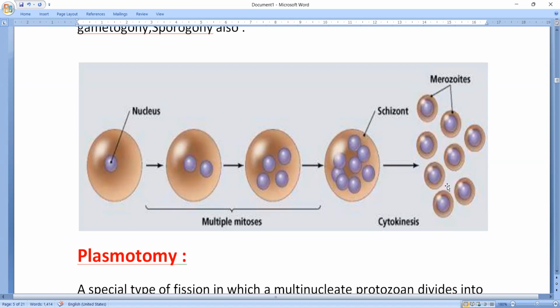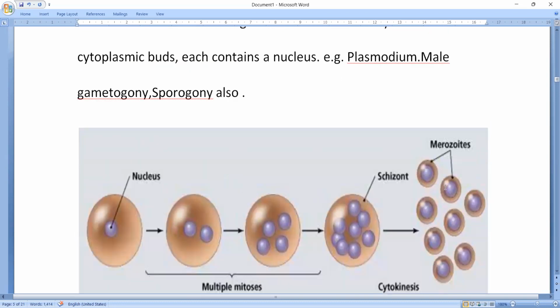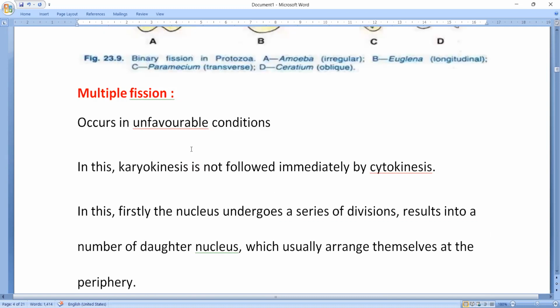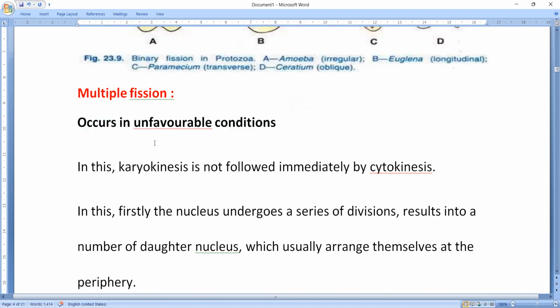In amoeba they are called amoebulae, and in Plasmodium they are called merozoites or cryptozoites. So multiple fission produces many daughter organisms. One more important point regarding multiple fission is that it occurs in unfavorable conditions.